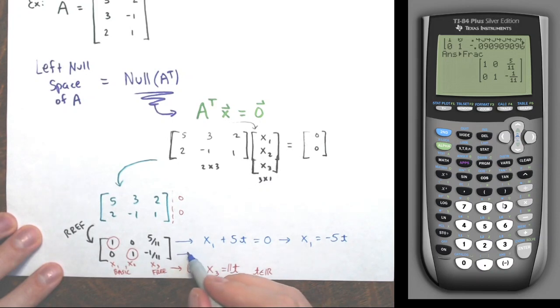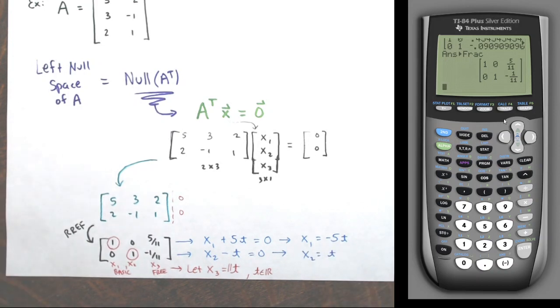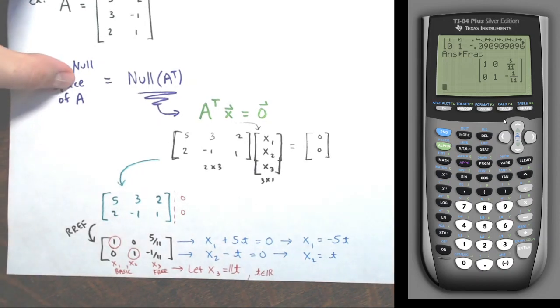And then this row here, you have x2 minus 1 11th times x3, but that would just be minus t, right? Again, because the 11s would cancel. And this is equal to 0. And I solve for x2. x2 would be equal to just t. So I have all 3 variables, right? x1, x2, and x3 in terms of this free variable t.